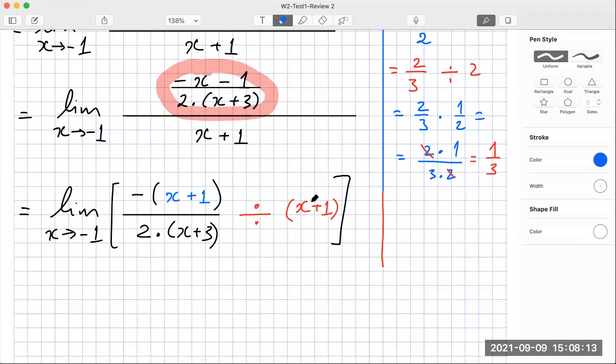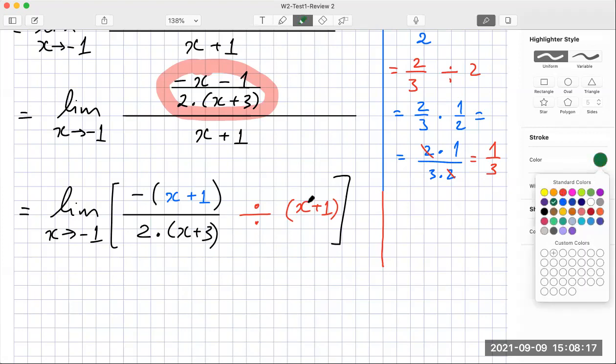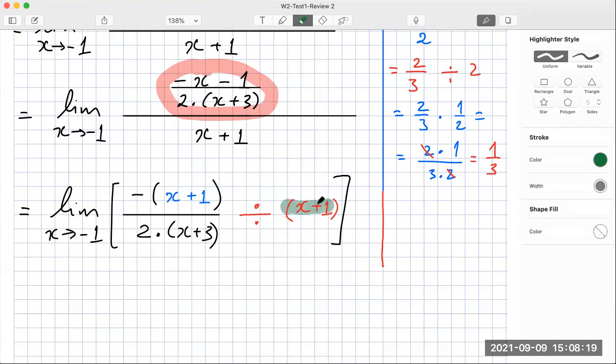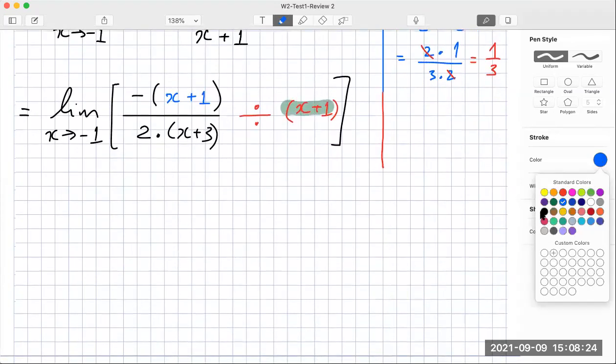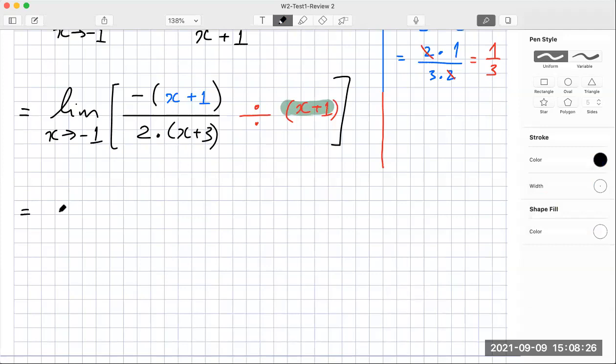And now we can apply the similar things as we have done with numbers. This divided by this guy is equal to multiply with the reciprocal of this. Therefore, it will be negative x plus 1 divided by 2 times x plus 3.